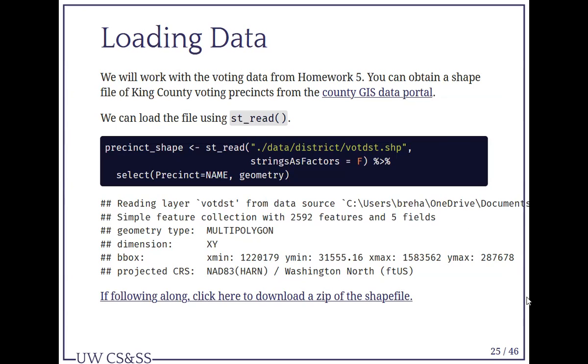The simple feature collection has 2,500 or so features, which you might recall from that homework. We had like 2,500-ish precincts in our data. The dimensions are X and Y. We'll see that the NAD type is 83, so it's maybe not the usual one that we're used to seeing, but it's one that we can translate easily.